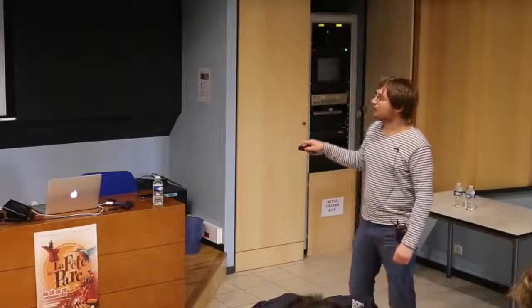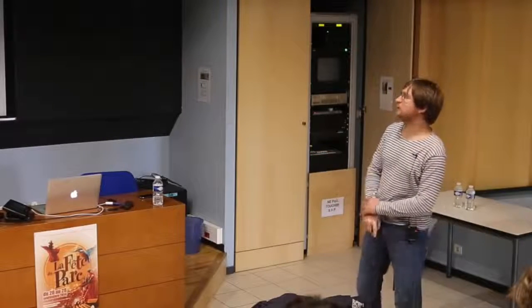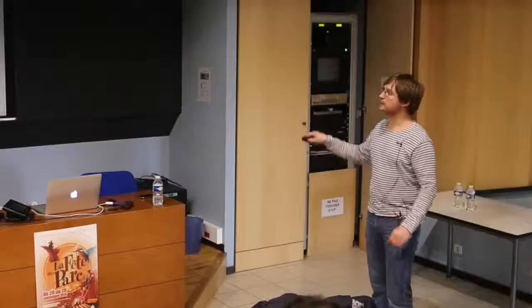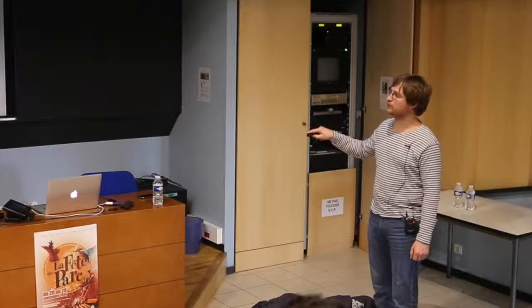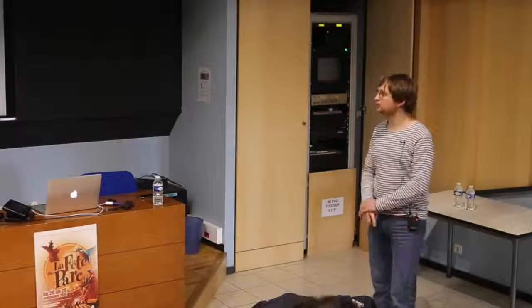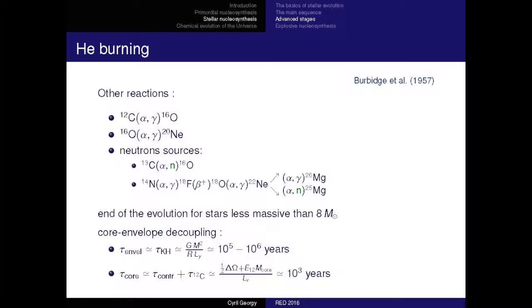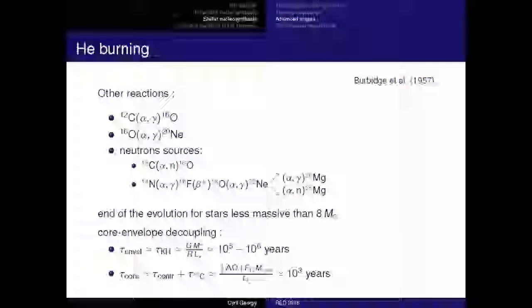Sorry. From this point, you have also a decoupling between what happens in the core of your star and what happens in the envelope. So basically, in the envelope, the reaction time of your envelope is the Kelvin-Helmholtz time, so the thermal readjustment time of your envelope, which is given by this relation here, which is typically 10 to the 5 or 10 to the 6 years for a typical star.